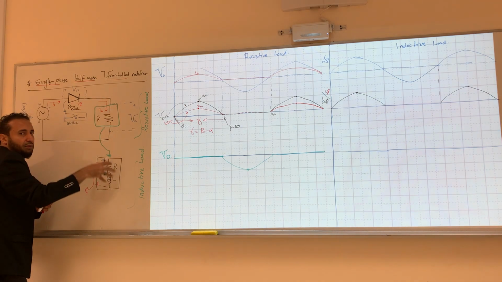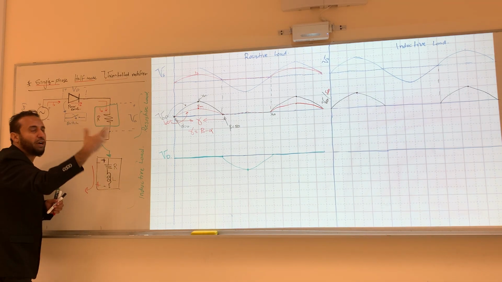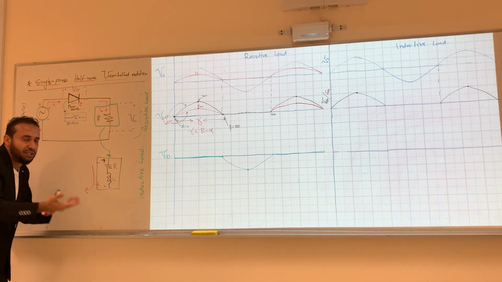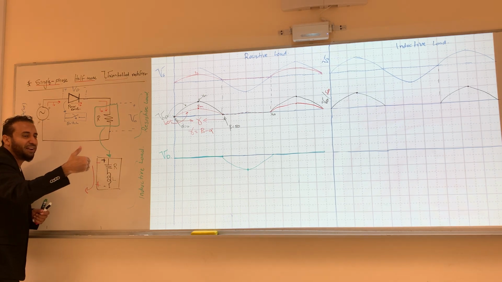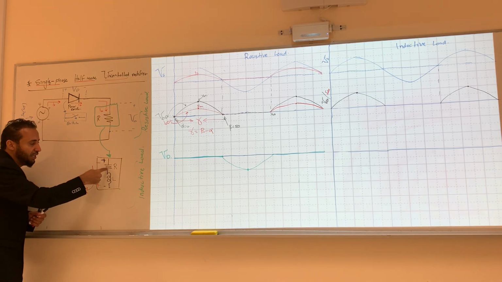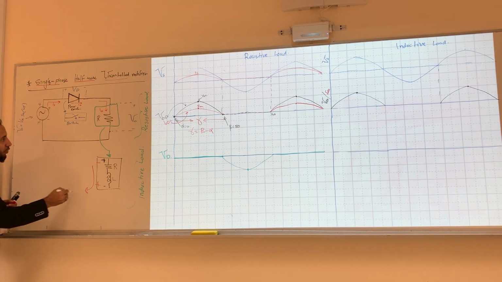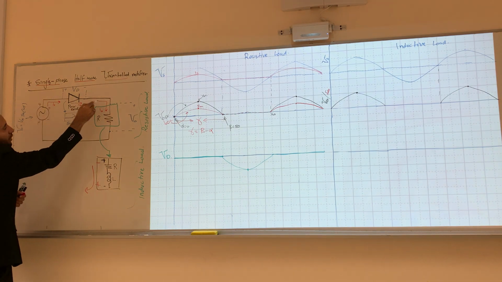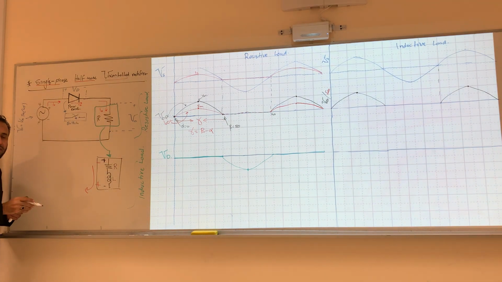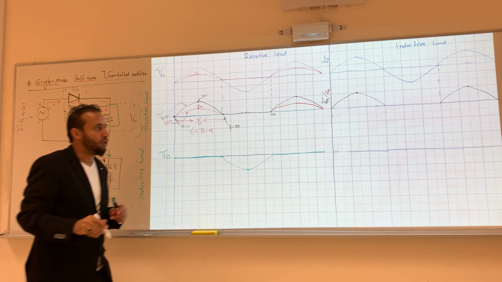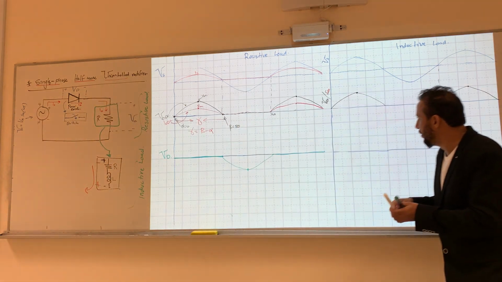The inductive will work as a source, so the polarity will flip. When the current starts decreasing, the polarity flips and it will release. So the current now will go back through the circuit till it releases everything. So I will draw the whole thing, and you guys will see.